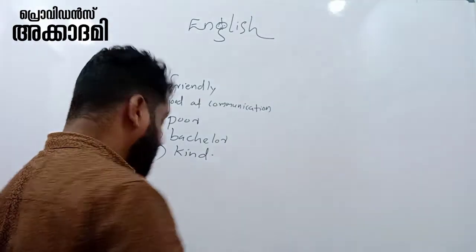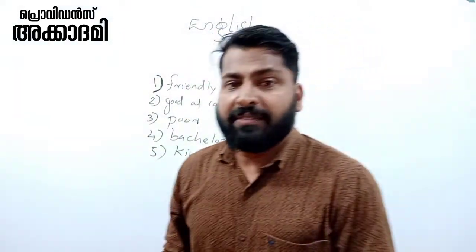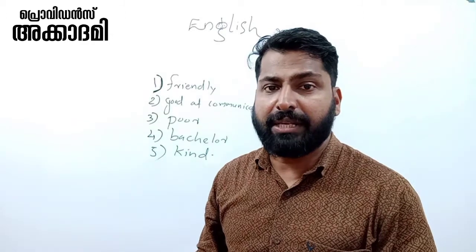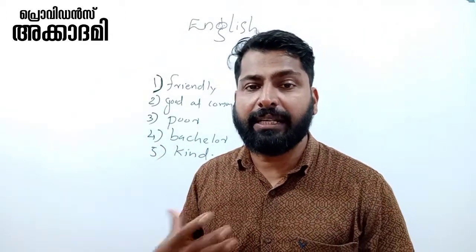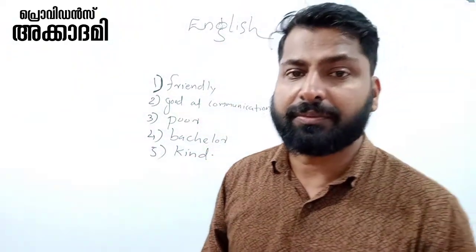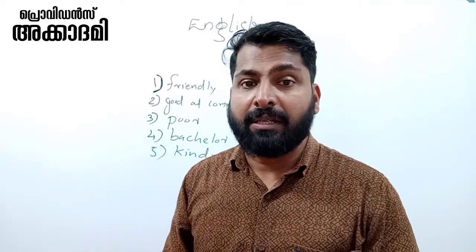These 5 character traits, we have seen how the sentences are formed based on the character traits that we have already understood. That we have done as a model as well.